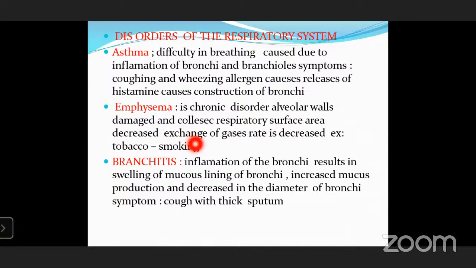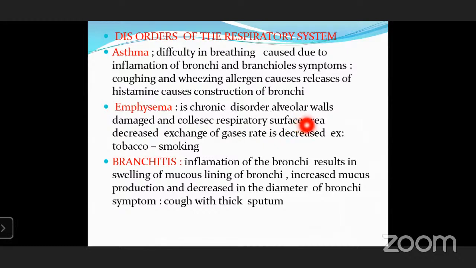Why is smoking injurious to health? Why is it printed on the cigarette box that smoking is injurious to health? Because the alveolar walls are damaged and collapsed, the respiratory surface area is decreased, and then the exchange of gases rate is decreased.